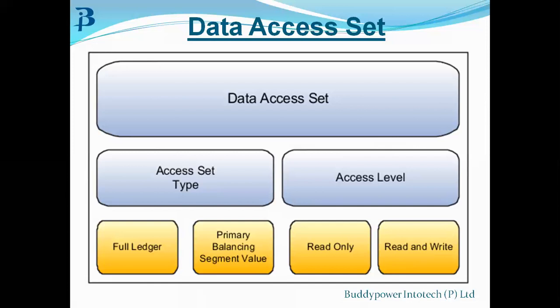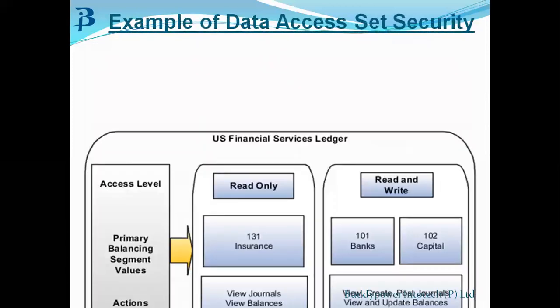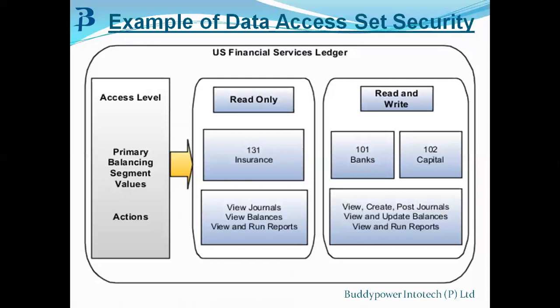The full ledger access set type provides access to your entire ledger or ledger sets, either read only or read and write. It is the same with the primary balancing segment value, where you can set it for read only or read and write.